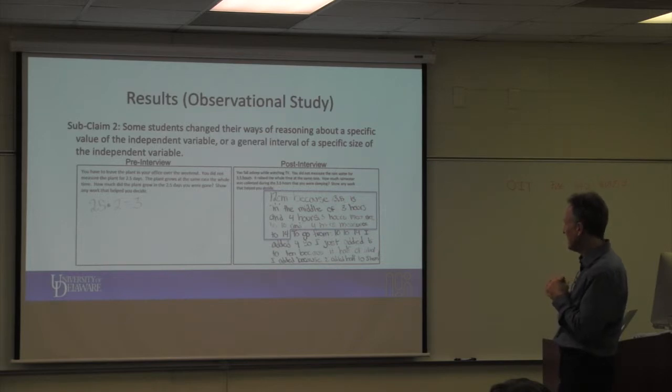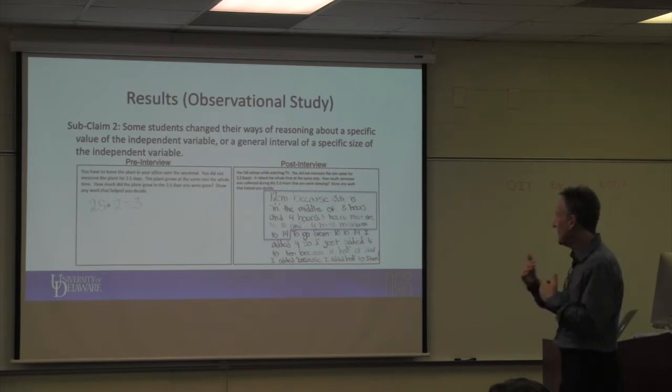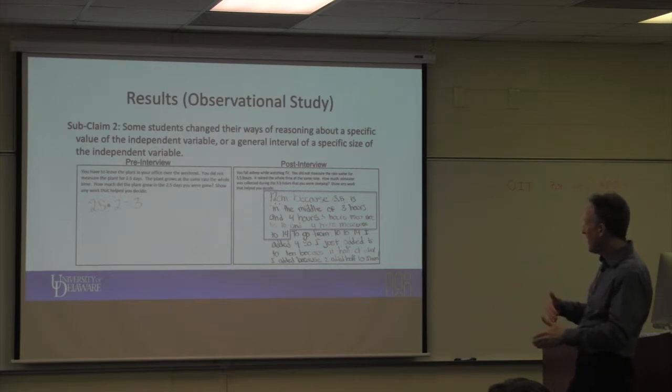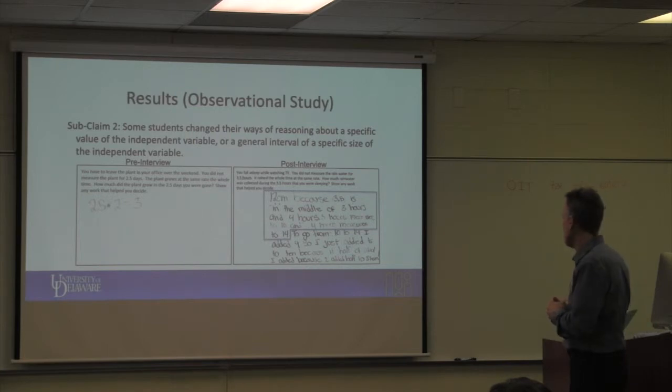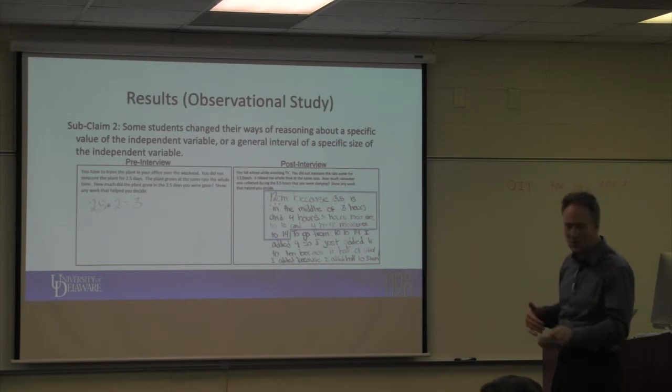So what they say is, the answer is 12 centimeters because 3.5 is in the middle of 3 hours and 4 hours. Or 3 hours measures at 10 and 4 hours measures at 14.